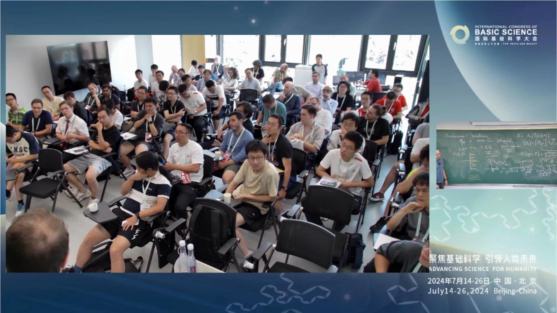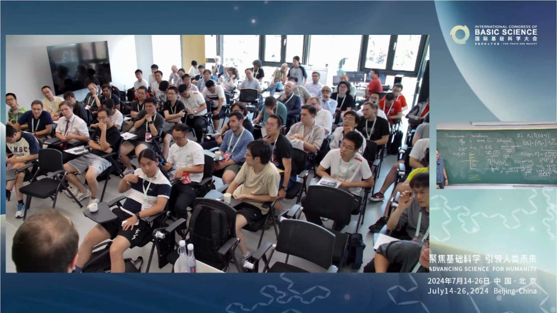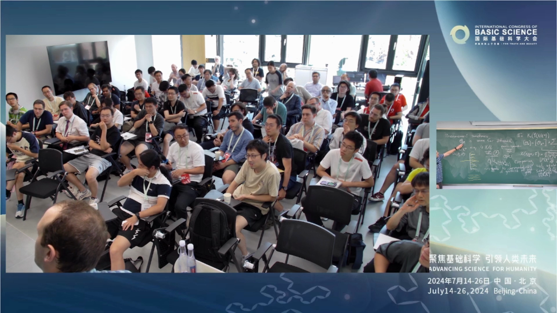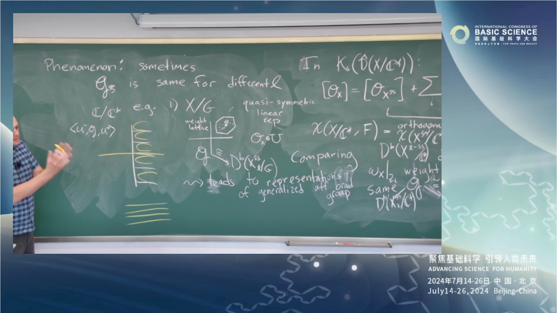So I've taken a very long detour recently into Bridgeland stability. I mentioned that the phenomenon where you have a single G that works for all GIT quotients is very mysterious to me.